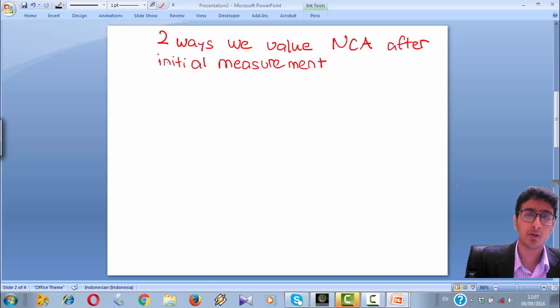Remember, the initial measurement, we value our property, plant, equipment at cost. Okay? Now, the first one is what we call carrying value. And the second one is a revaluation value.